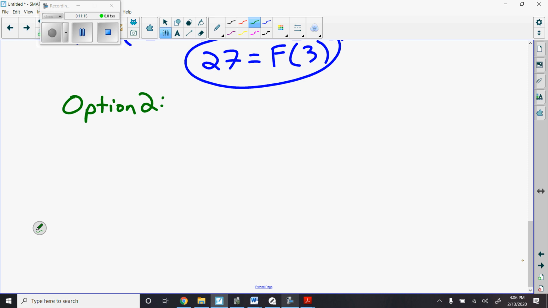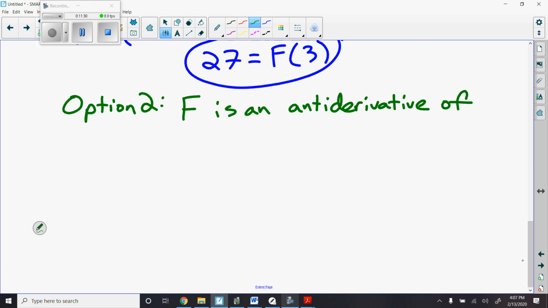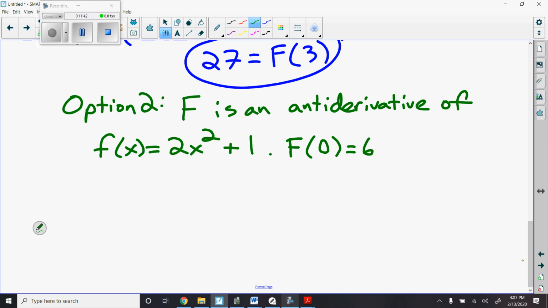I know that f is an antiderivative. Again, just thinking about the same problem. F is an antiderivative of f of x equals 2x squared plus 1. F of 0 equals 6. Find f of 3.